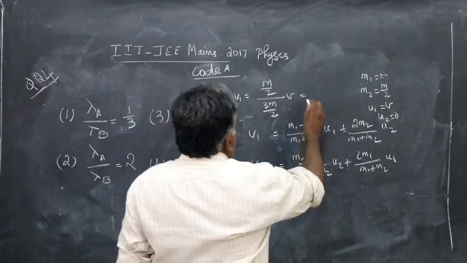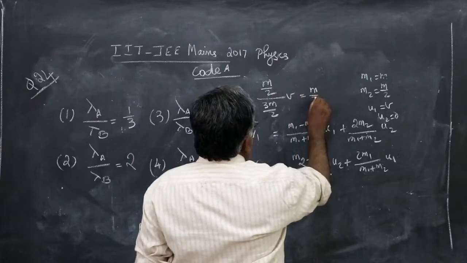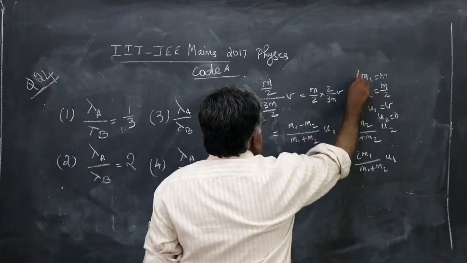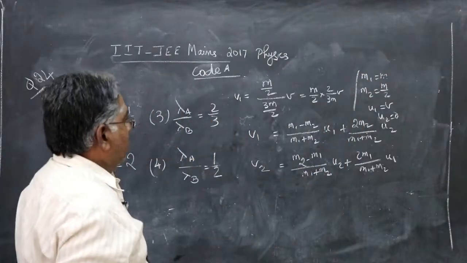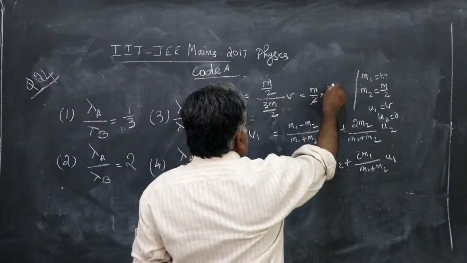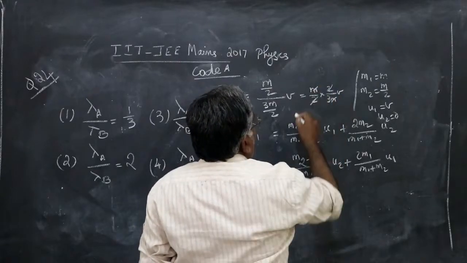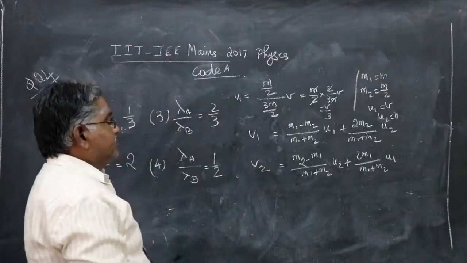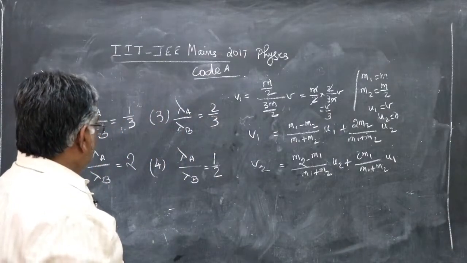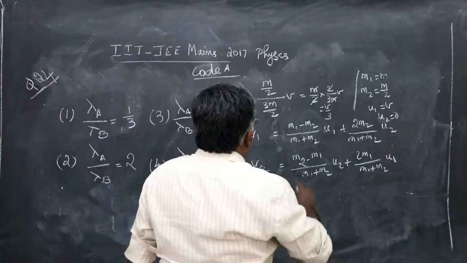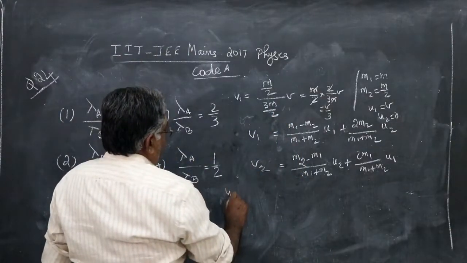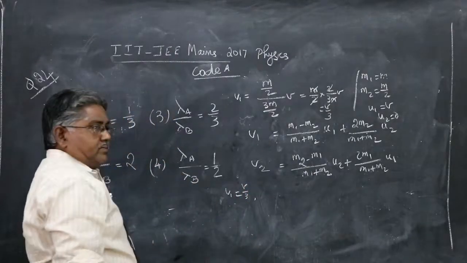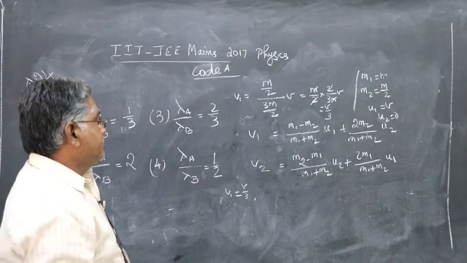So you get m by 2 into 2 by 3m into v. 2 and 2 will go, m and m will go, you are getting v by 3. So v1 is v by 3. Keep it, you are going to use it.